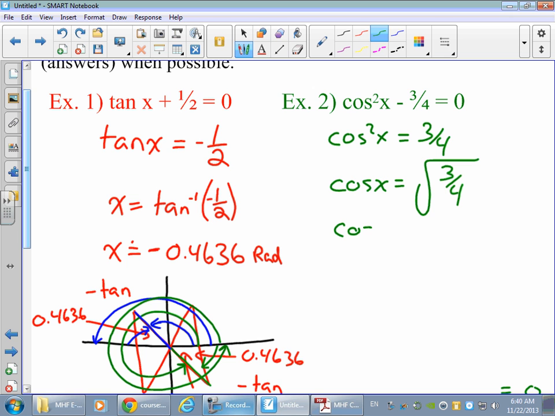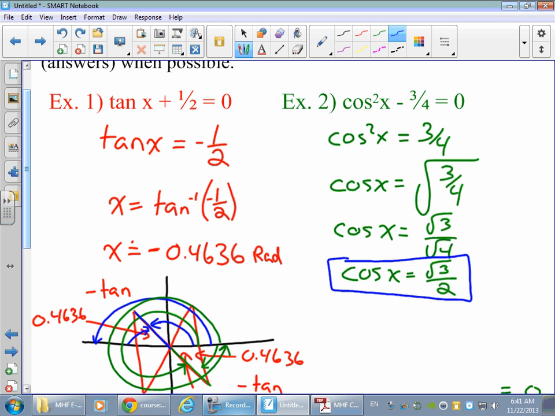And the square root of that, I can simplify a little bit. This is essentially the square root of 3 over the square root of 4, which is the square root of 3 over 2. And this is one of our special angle ratios.